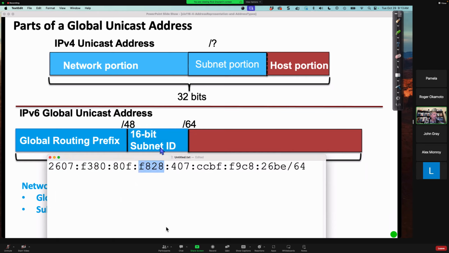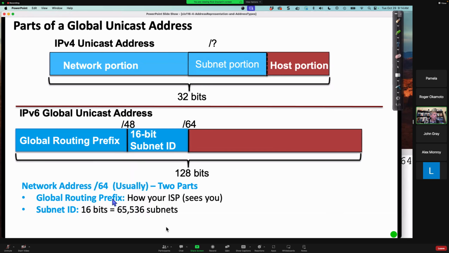This is what we get to use as our subnet ID. It's already built into IPv6. This is how we can now subdivide our network. And this is a host in this network, particularly this specific subnet.